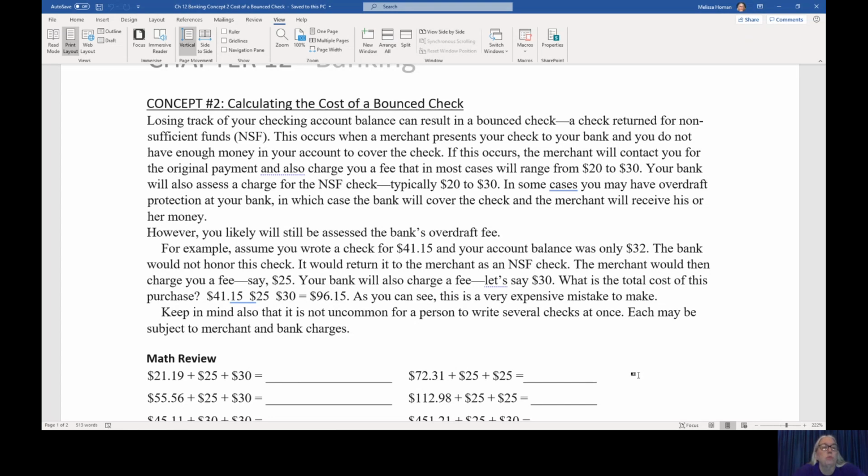If this occurs, the merchant will contact you for the original payment and also charge you a fee that in most cases will range from $20 to $30. Your bank will also assess a charge for the NSF check, typically $20 to $30. In some cases, you may have overdraft protection in your bank, in which case the bank will cover the check and the merchant will receive his or her money. However, you will likely be assessed the bank's overdraft fee.